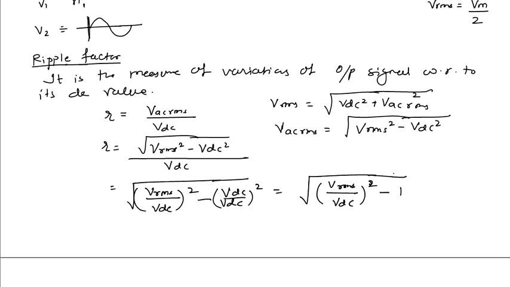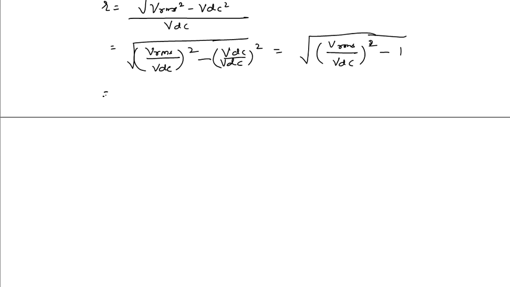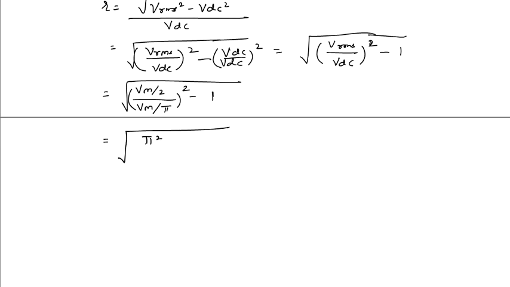So this is the ripple factor, and for this half wave rectifier we have got Vrms equal to Vm by 2 and VDC equal to Vm by pi. If we substitute these two values here, we get under root of pi square by 4 minus 1.